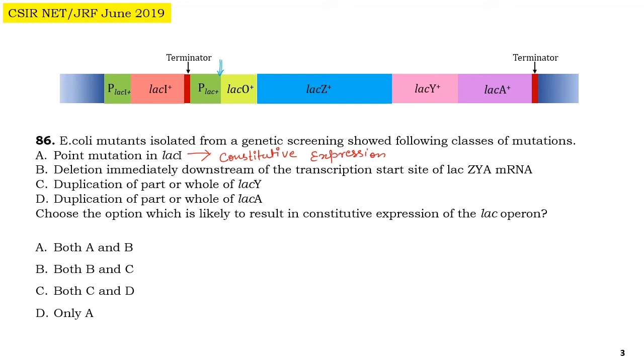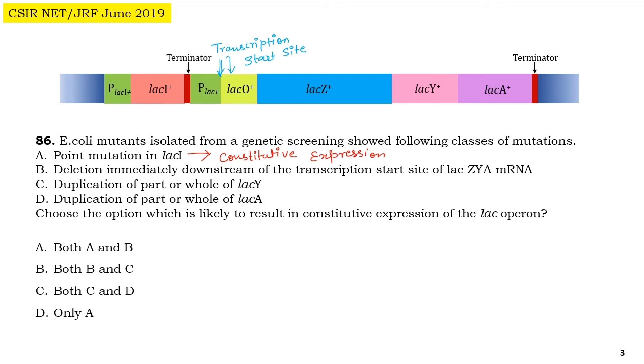This is the transcription start site, immediately downstream of the promoter. Now the question is that if there is a deletion immediately downstream of this site, so immediately downstream of the transcription start site is the operator sequence. So if there is a deletion in the operator sequence, what will happen to the expression of lac-operon?